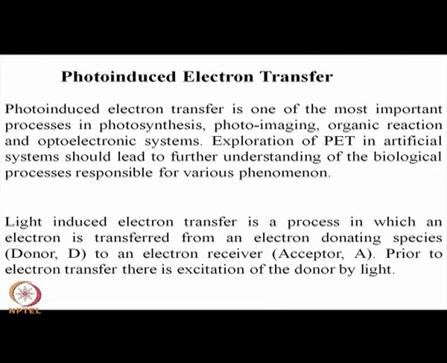In the examples we have taken, this does not happen in the ground state. In the excited state that transfer happens. Photoinduced electron transfer is one of the most important processes in photosynthesis.